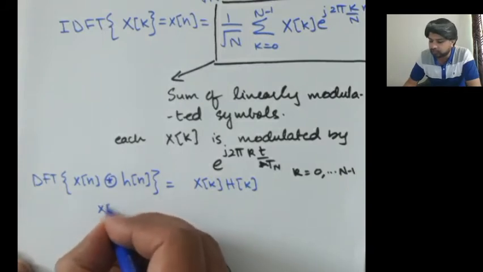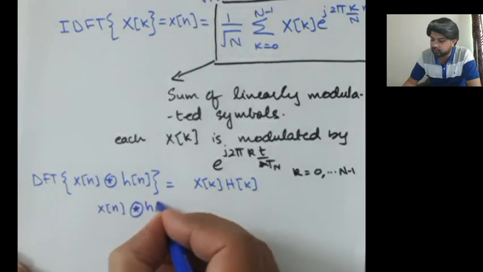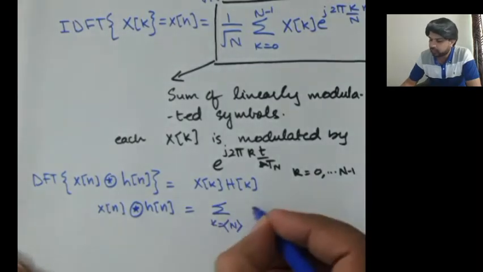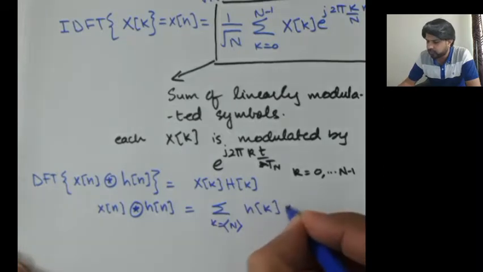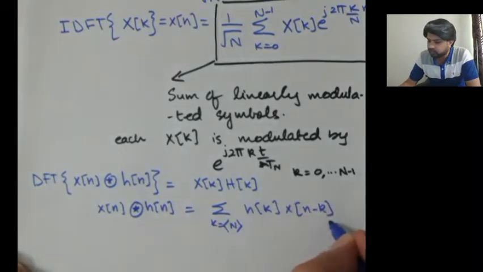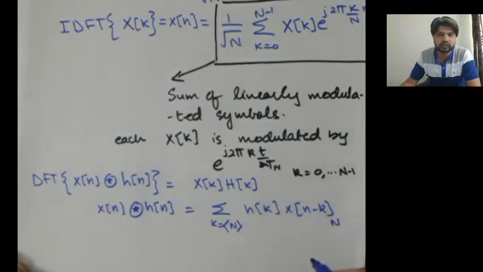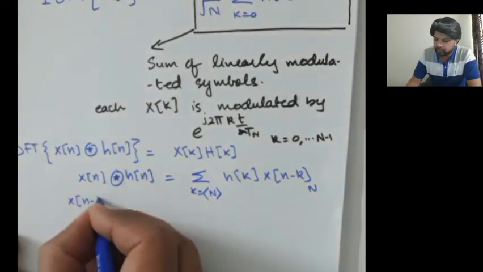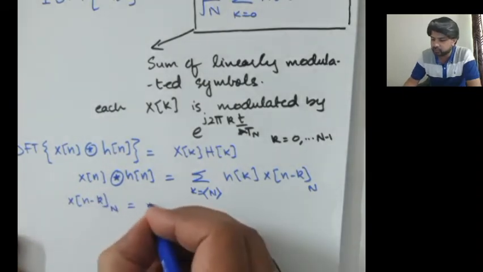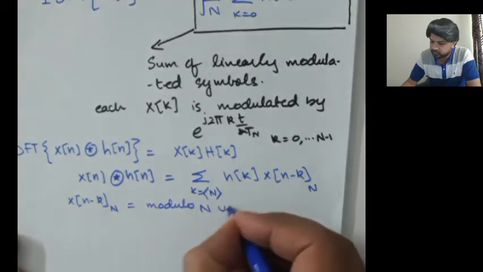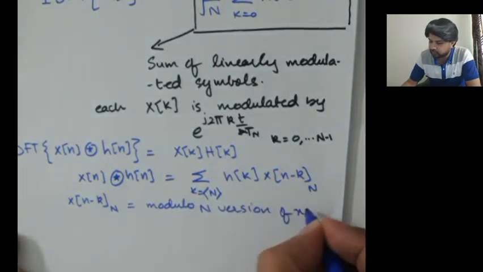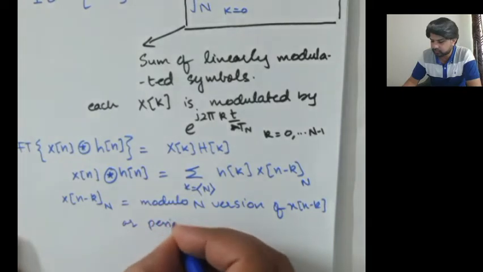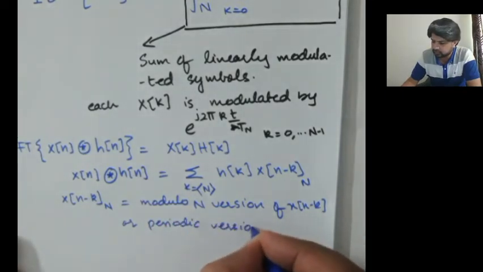So if you compute x of n circularly convolved with h of n, that would be equal to the summation over k, from 0 to capital N minus 1, of h of k times x of n minus k, but that would be a modulo N version of x of n minus k, and that would give you a circular convolution, where x of n minus k subscript N is the modulo N version of x of n minus k, or a periodic version of x of n minus k.